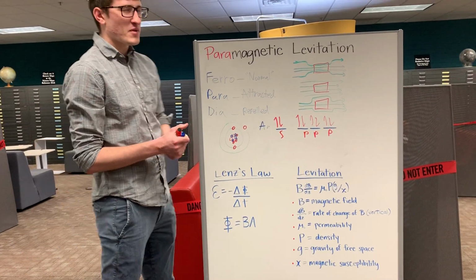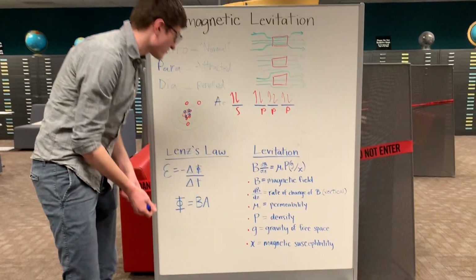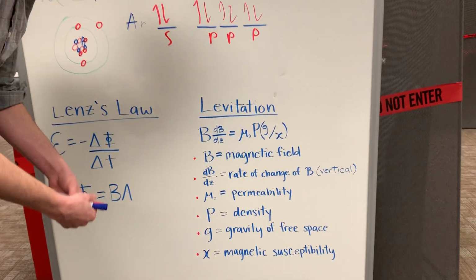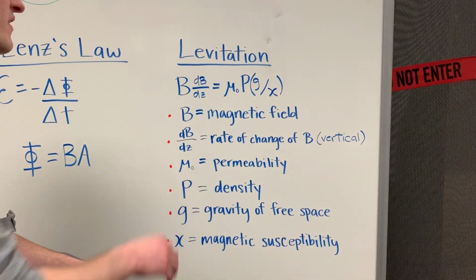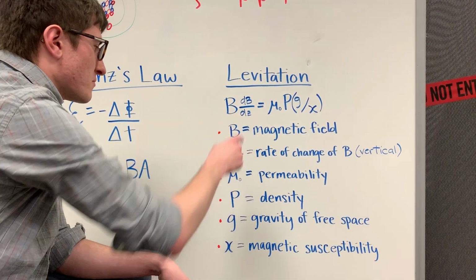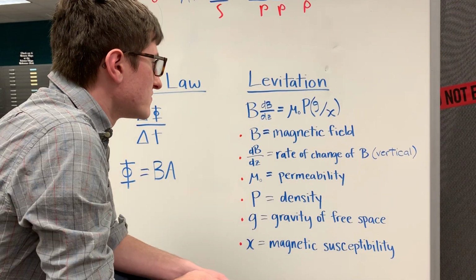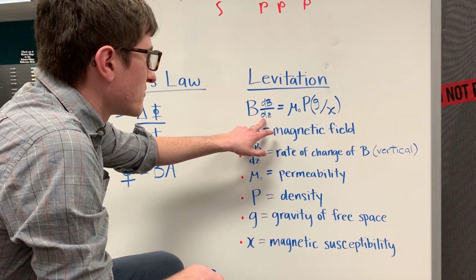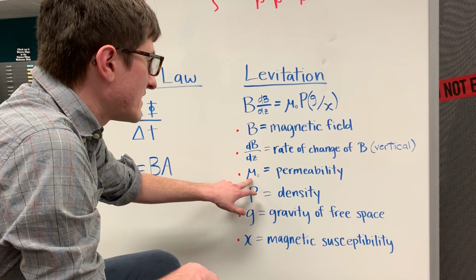But levitation has some other variables in it. So this is the equation they would use. It looks pretty complicated, but we'll explain it. The magnetic field, B, is multiplied by the rate of change of B vertically. So that's the derivative there. Equals μ0, the permeability.